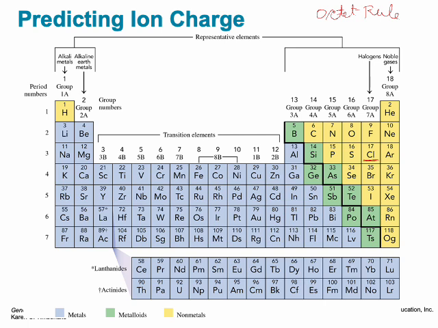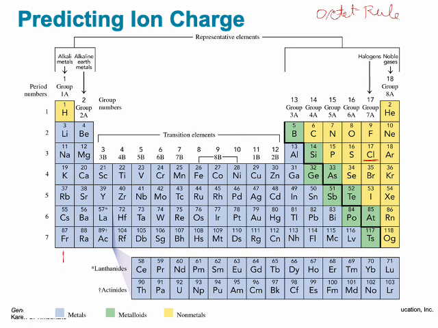So here in this part, we are only going to focus right now on the representative elements, which means only the first two and these last groups. So we remember that the first group is group 1, meaning the number of valence electrons for every atom in this group is 1. They always have one electron in their outermost orbit.